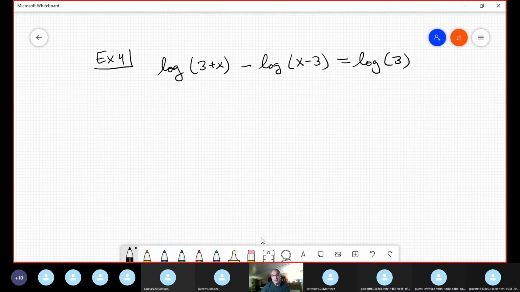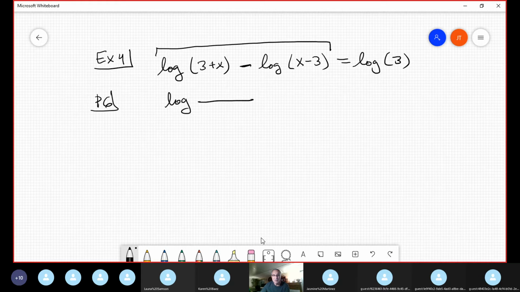Or another possibility is condensing this and this, using the property number 6. The property number 6 says when it's minus, it's division. Then you condense it into the logarithm of 3 plus x divided by x minus 3. By the way, I forgot something. I did not write a specification of the base here.